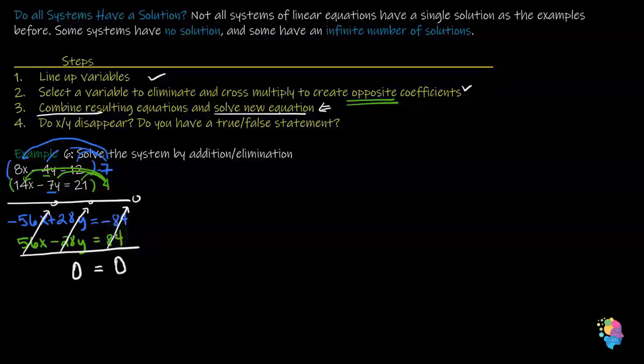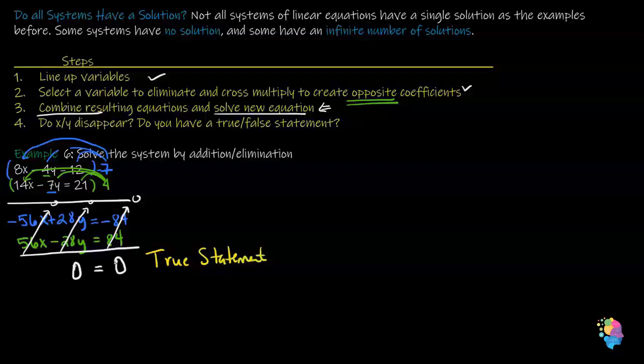So what happens again in this situation is that both the x's and the y's got eliminated, but this time the value of the left side is the same as the value on the right side. This is a true statement. 0 is equal to 0.